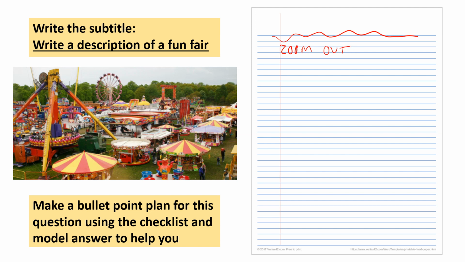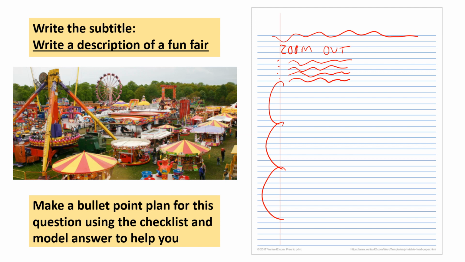And then looking at the checklist, you can see that you need to describe the mood, the weather, 2 main items, and the character's movement. So I'm going to do 4 little bullet points. 1, 2, 3, 4. Then I'm going to write each of my ideas next to that. And then I repeat the same process for a zoom in, a challenge, and then a character, and then a change or challenge.